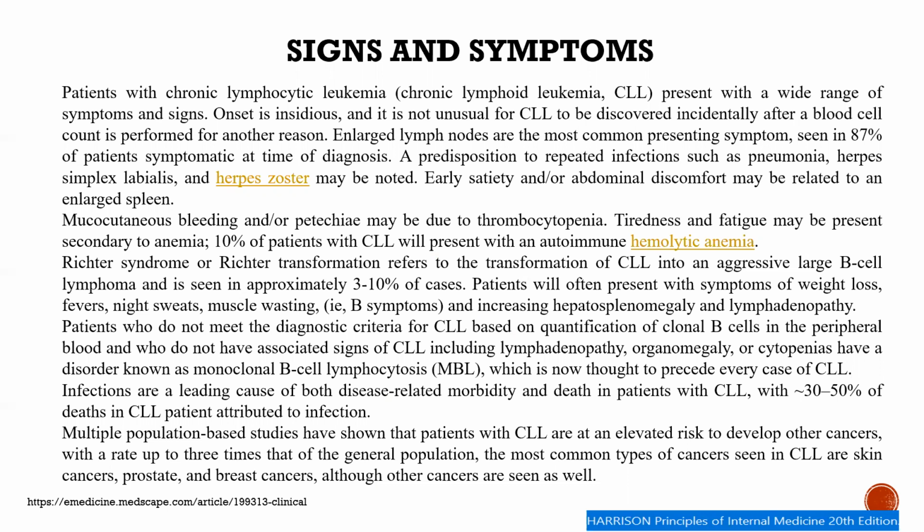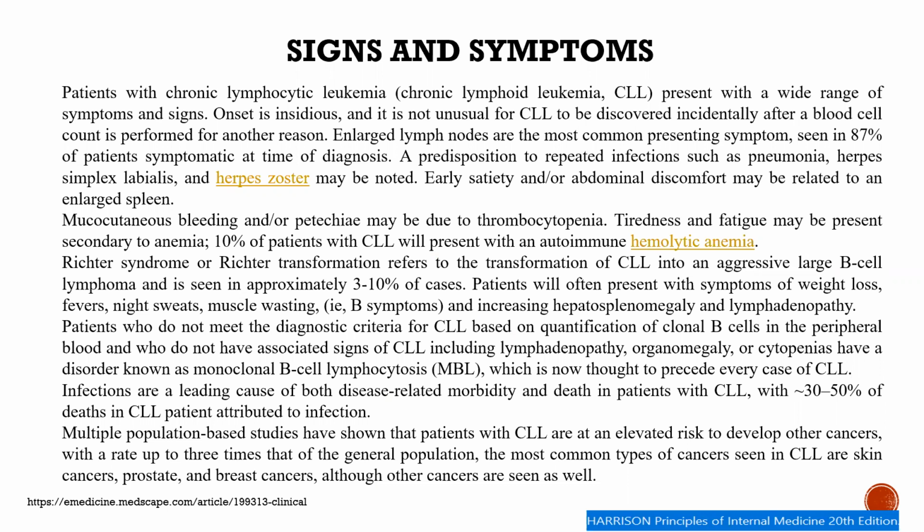Richter syndrome or Richter transformation refers to transformation of chronic lymphoblastic leukemia into aggressive large B-cell lymphoma and is seen in approximately up to 10% of cases. Patients will often present with symptoms of weight loss, fevers, night sweats, muscular wasting, and increasing hepatosplenomegaly and lymphadenopathy.